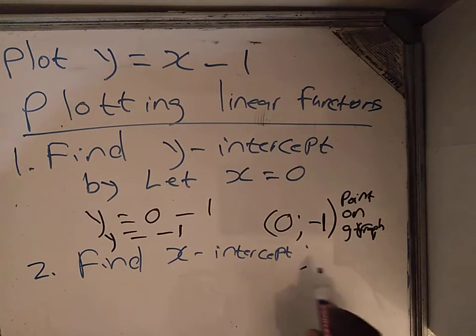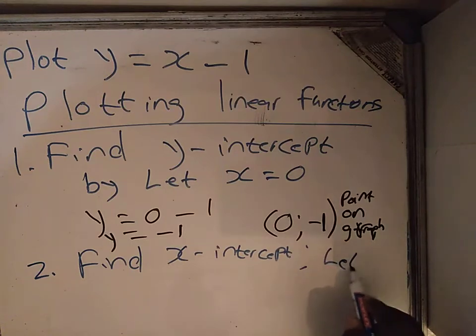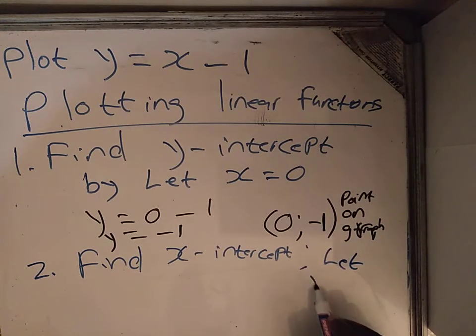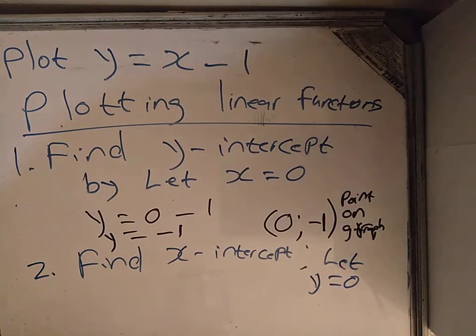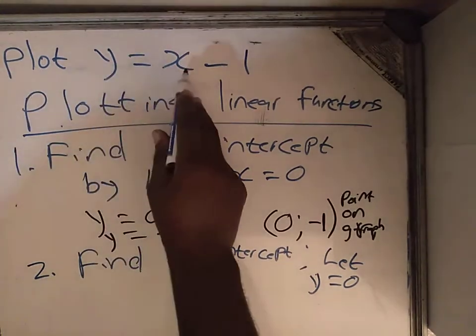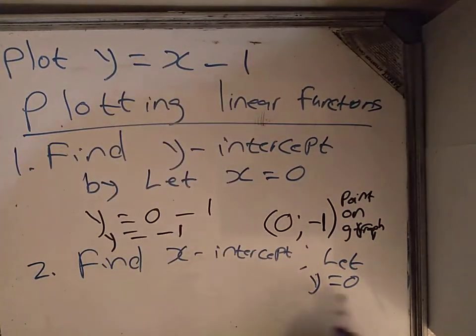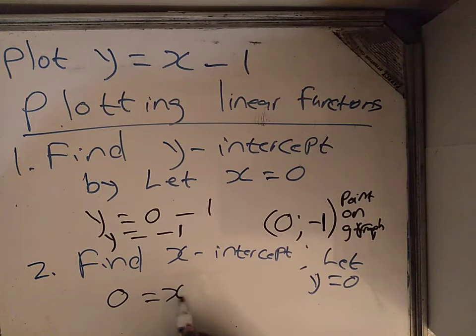And then how to do this? You let y be equal to 0. Now let's do it for this one. So you had y is equal to x minus 1. So you let y be 0. So you end up with 0 is equal to x minus 1. When you take 1 to the side, you end up having 1 is equal to x. Remember, you took this side, and then this 1 was negative.